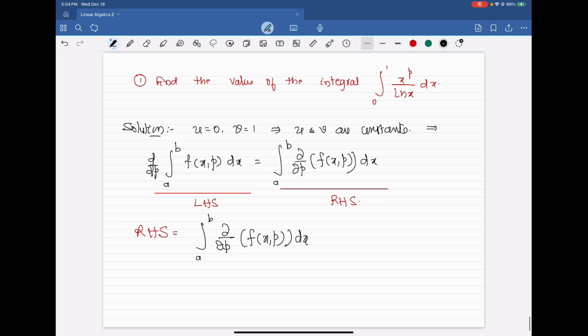Here what is a? u is equal to a is equal to 0, v is equal to b is equal to 1. This can be written as 0 to 1 dou by dou p of what is function xp? This is a function of x and p. That is x to the power of p by ln x. Right hand side is simplified like this.